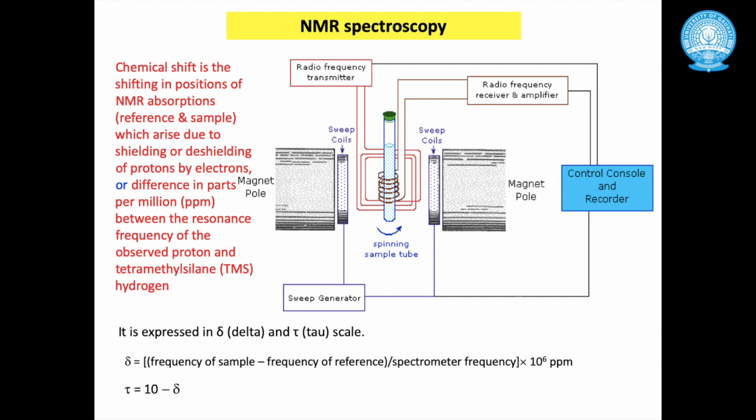Samples are usually dissolved in solvents without active hydrogen. For example, instead of water it is D2O, deuterated water, and instead of methanol there is CD3OD, deuterated methanol.